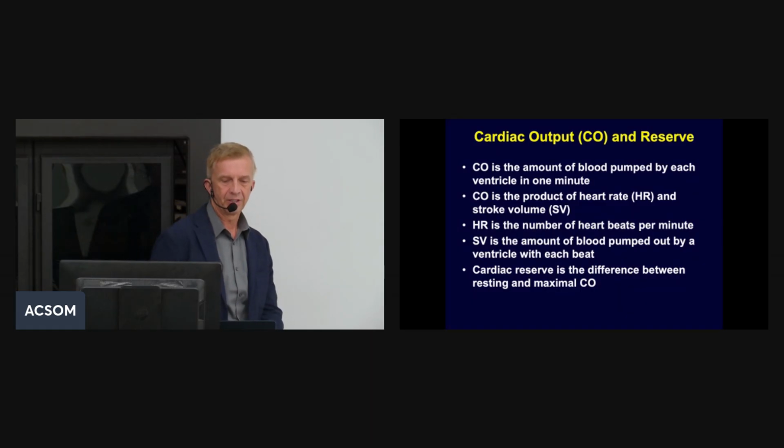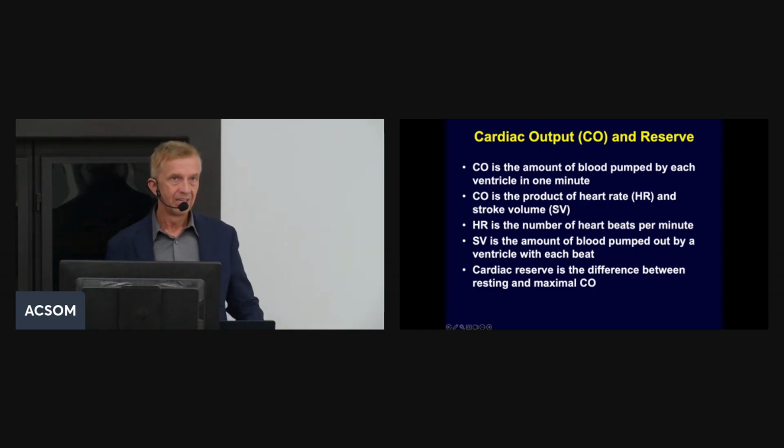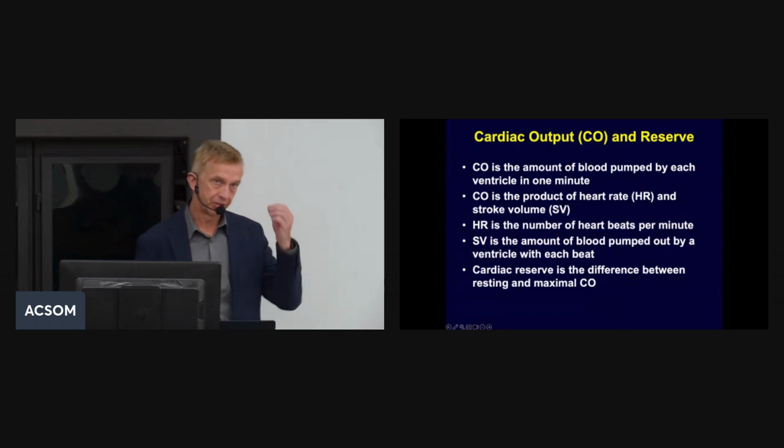It's a product of the heart rate and stroke volume. So stroke volume times heart rate. The higher the heart rate, the higher the cardiac output. The higher the stroke volume, the higher the cardiac output. We talked about the athletes who have slow heart rates.